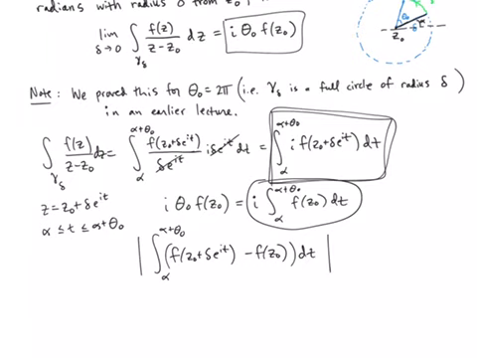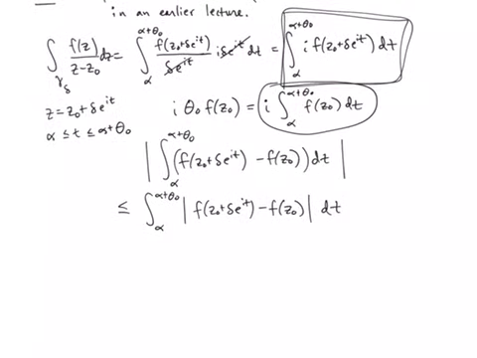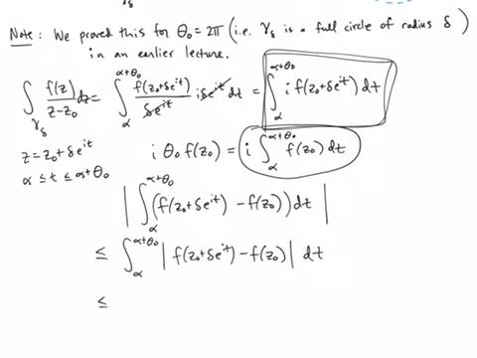So that's dt, and then I can estimate that using the absolute value of the integral is less than or equal to the integral of the absolute value, from alpha to alpha plus theta naught, of the absolute value of f of z naught plus delta e to the it minus f of z naught, dt. And then this integrand is less than or equal to a constant, which is just the max of, so we have z naught, we have this arc at a distance of delta.